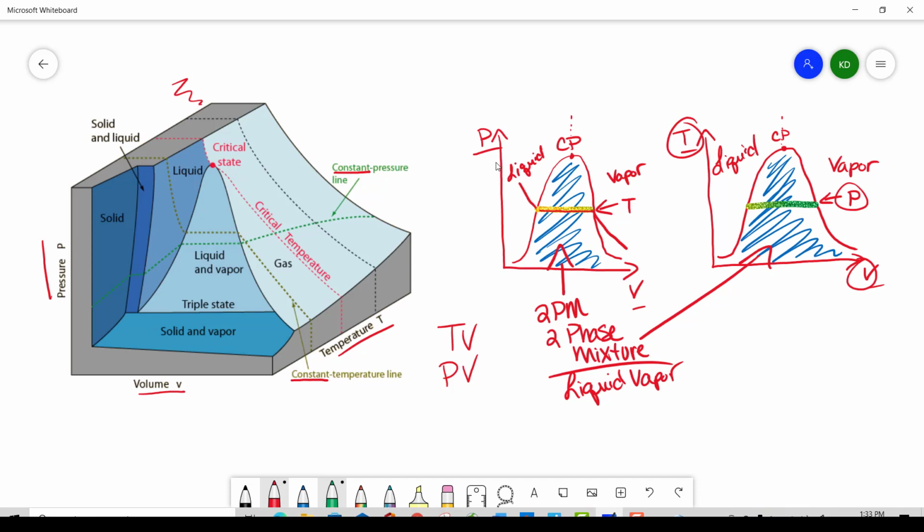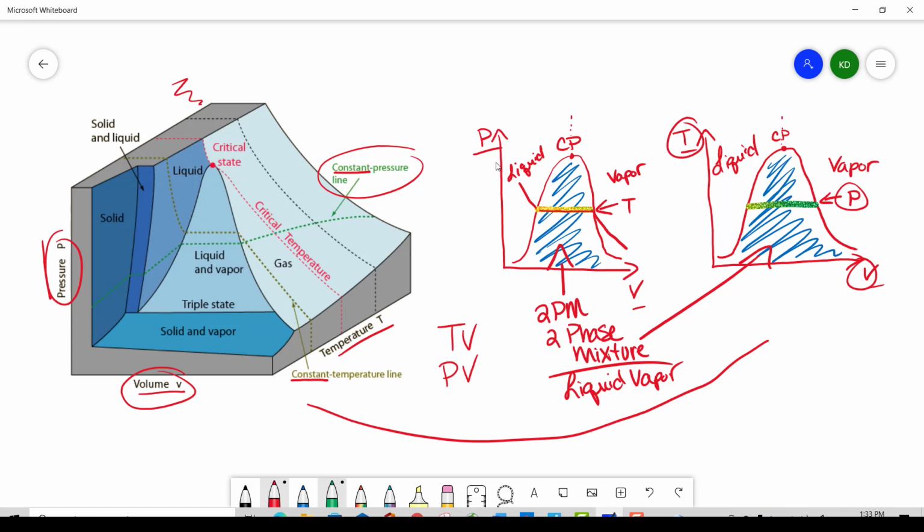But you see that it's almost opposite, and again, we can't look at it from this PV here and plot the constant pressure line and convert this easily to a TV.